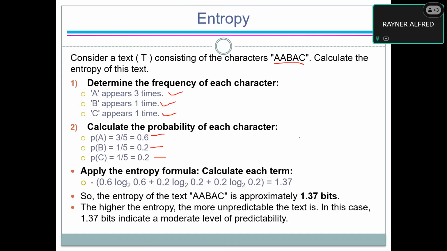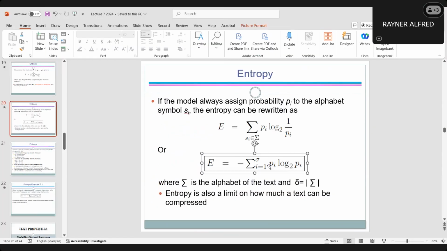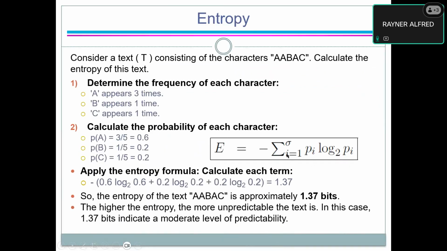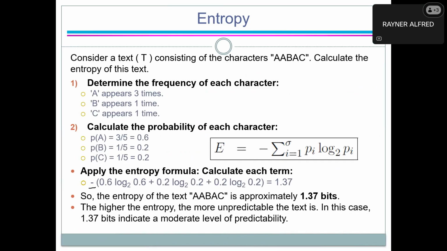So when we apply the entropy formula, let me get that formula here. We repeat the formula: we have the minus here, and then the summation over all the symbols that we have.